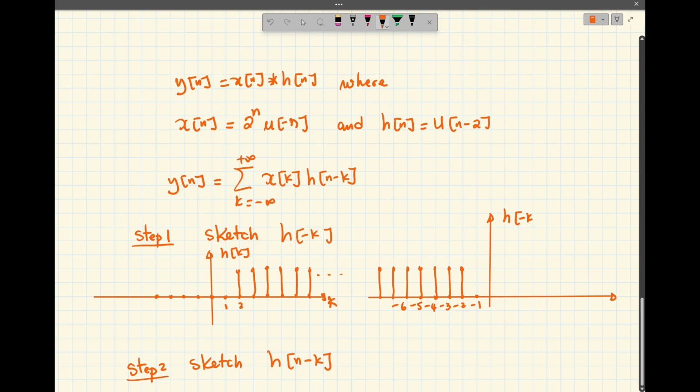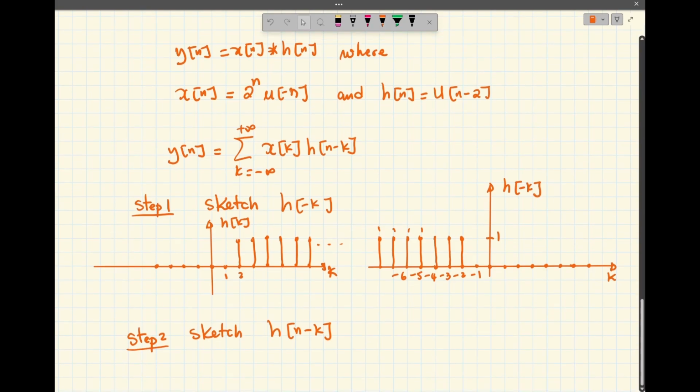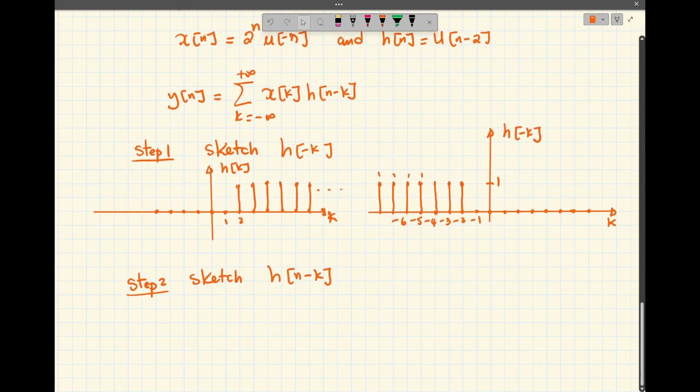We negate the time axis, so all of these are 1, and it's 0 elsewhere, for n equal to negative 1 and above. So that's h of minus k.